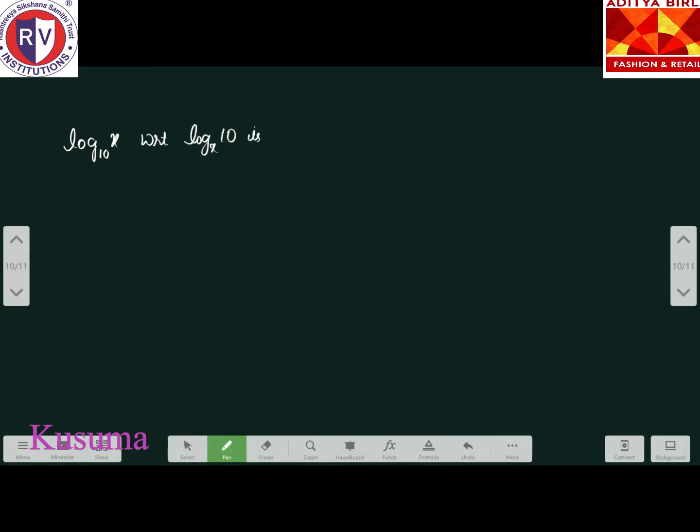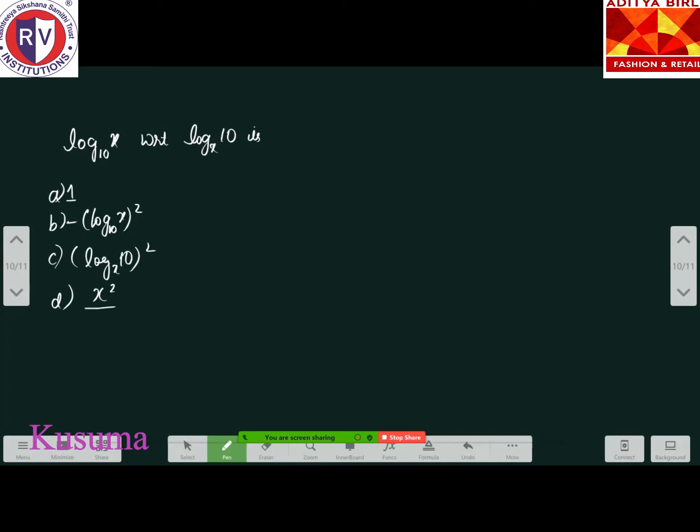The options given are: option A is 1, option B is minus of log x to base 10 whole square, option C is log 10 to base x whole square, option D is x square by 100.